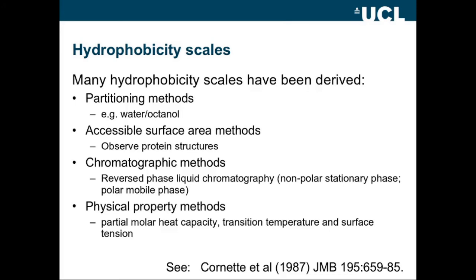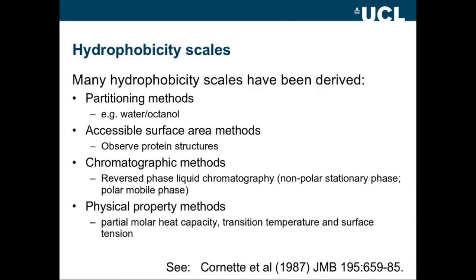We can also take observational approaches. So we can take a set of protein structures and just look at those to see whether the amino acids are on the surface or they're buried. And based on the frequency with which that occurs, we can derive a hydrophobicity scale.